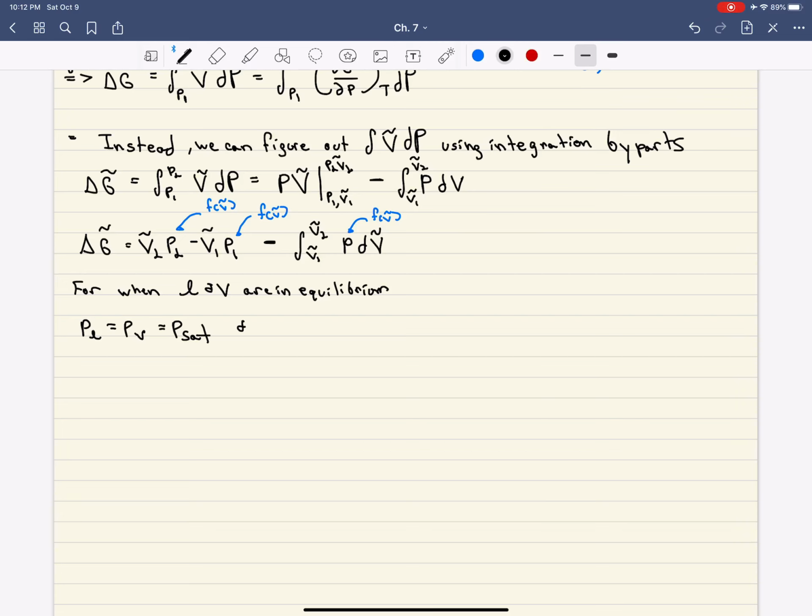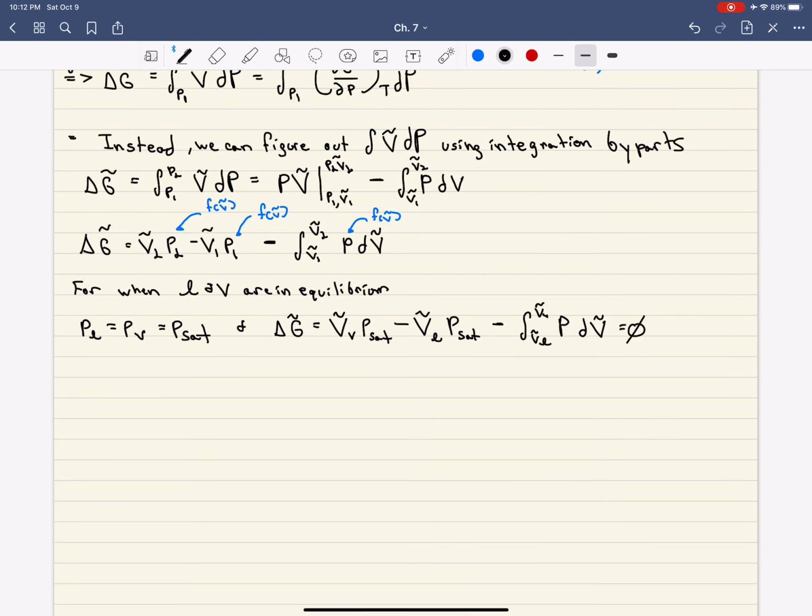and our delta G is equal to V_V P_sat minus V_L P_sat minus the integral from V_L to V_V of the pressure function dV.